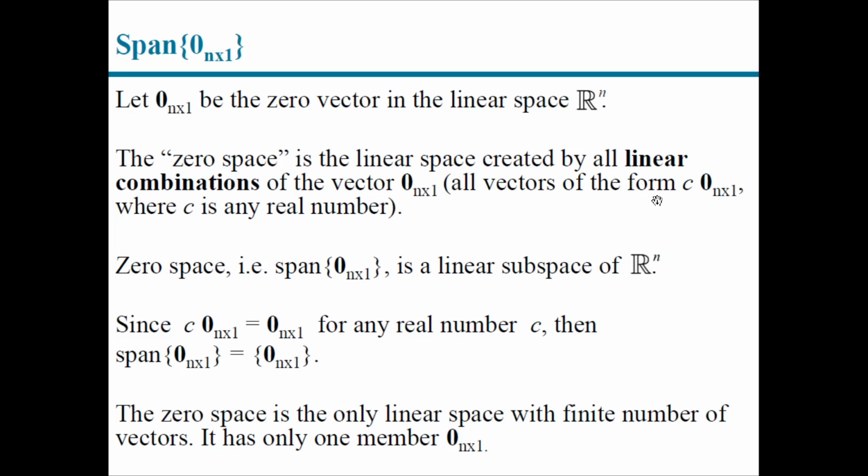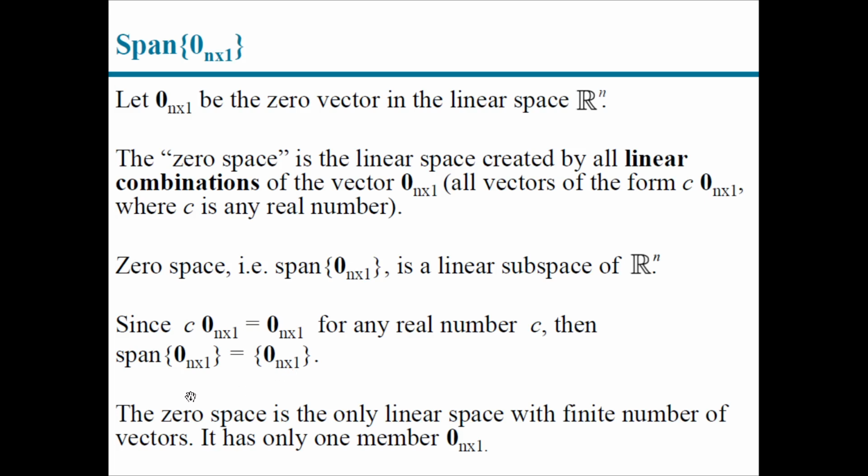But what are the linear combinations of the vector 0? It's a number times the vector 0. Well, that gives the vector 0. So we know already that the span of any vector is a linear space, that's fine, but this linear space is special. It has only one element, the vector 0, because any number times 0 is 0. So the span of 0 is just the vector 0.